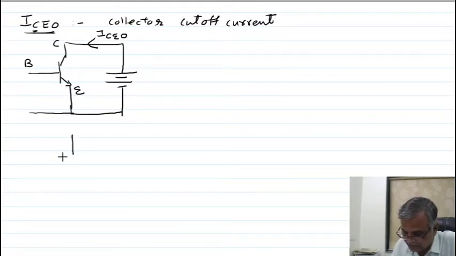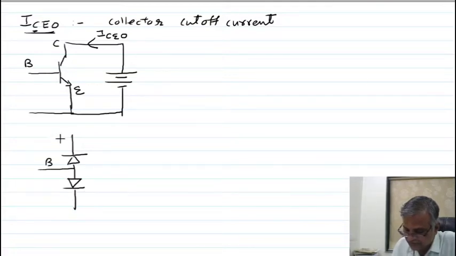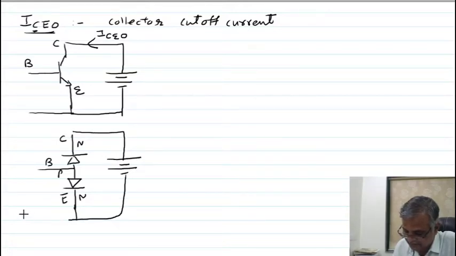This can be represented this way also. This is your base, this is your collector, this is your emitter, NPN. I think you understand. So leakage can always flow in the reverse direction like this. Reverse direction current will flow in this way because the PN junction is reverse biased.